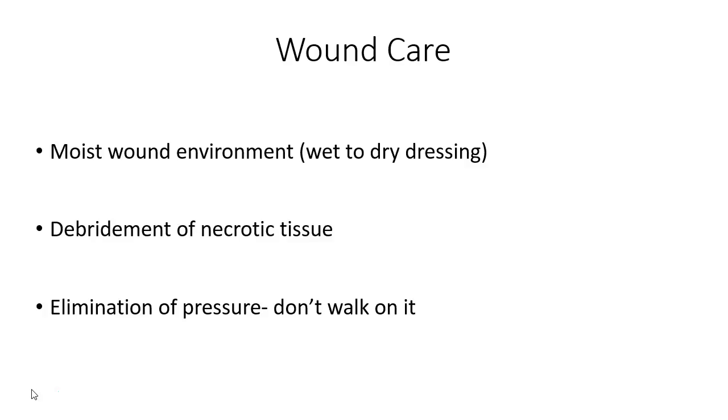Another thing we do is elimination of the pressure, so don't walk on it. Patients who have been diabetics for a long time with neuropathy will tend to be able to overcome things. I know that neuropathy is the numbness and the tingling and the pain, but it's hard to explain how the neuropathy pain works.